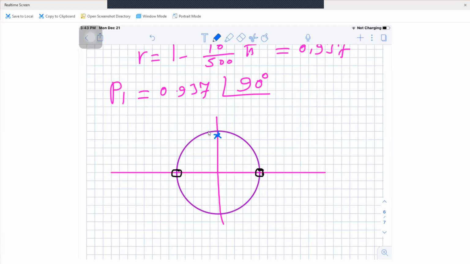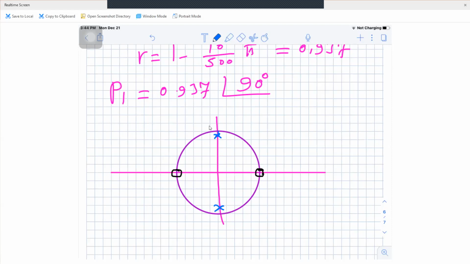This will lead to complex values for the coefficients. If we are looking for real-valued coefficients, we have to add another pole in the other direction. I mean, its complex conjugate.